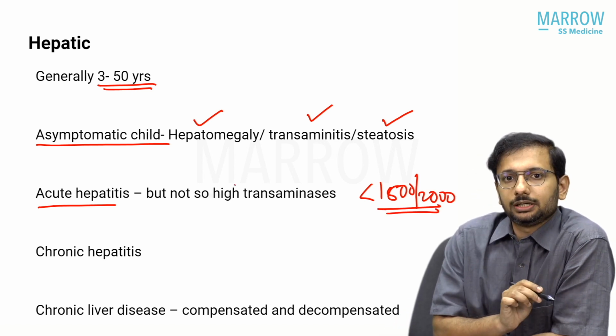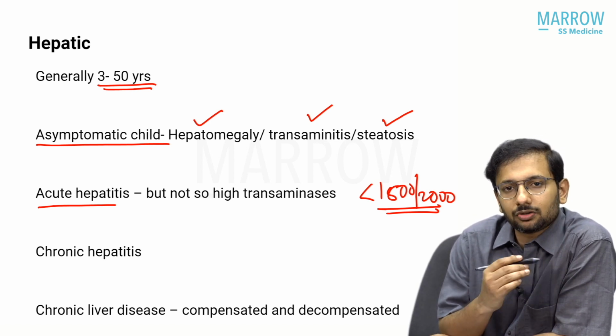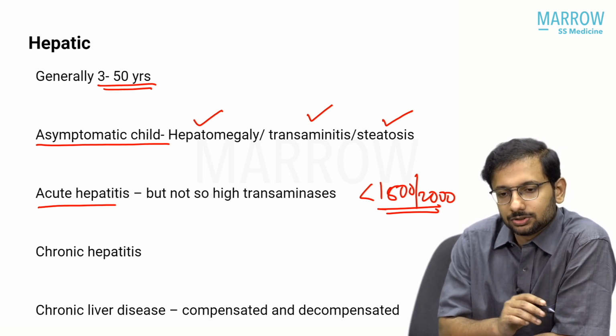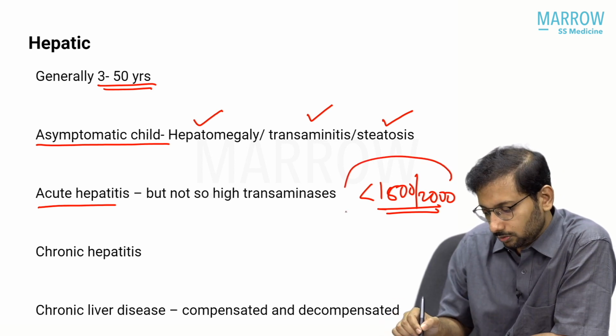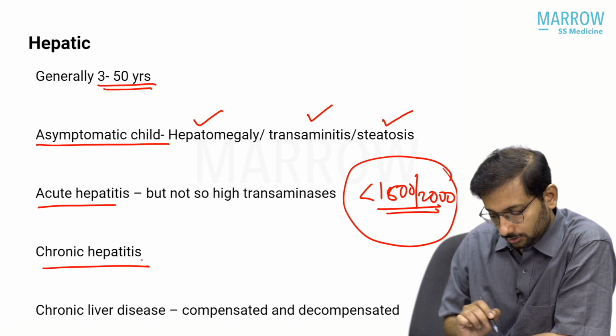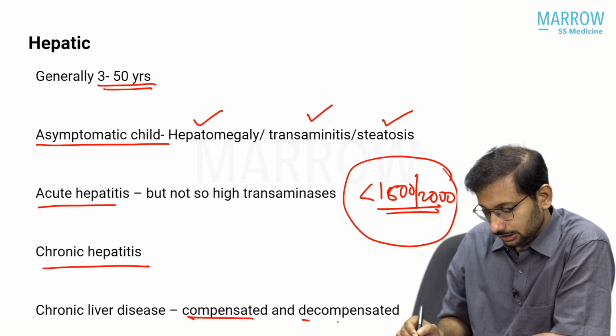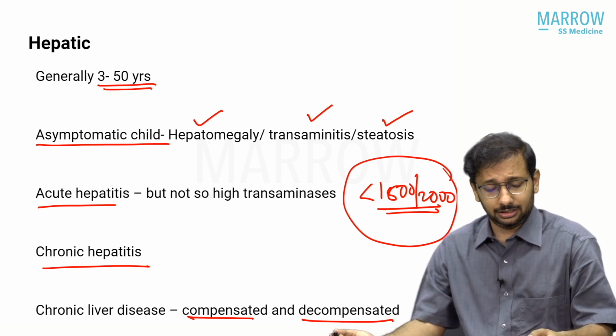Almost all acute hepatitis with respect to viruses, toxins or ischemia, you have astronomically high liver enzymes. But it is only in Wilson's disease acute hepatitis where your enzymes are just about 1500 to 2000. You can have patients with chronic hepatitis and chronic liver disease, compensated and decompensated liver disease with hematemesis, ascites and later on encephalopathy.